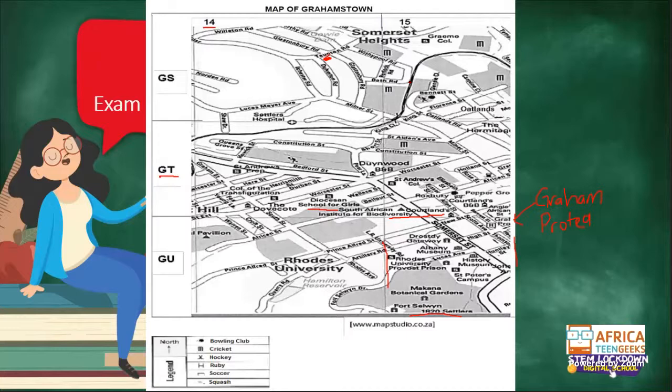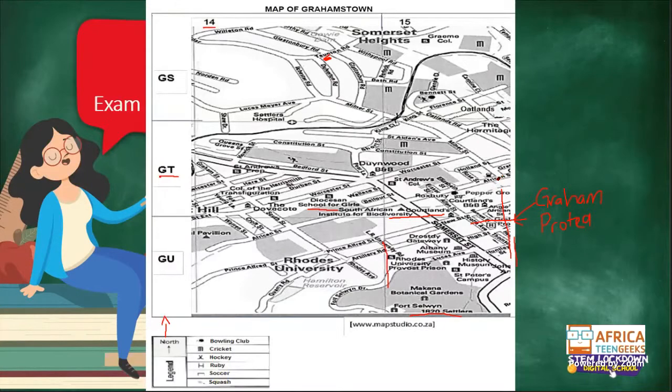Okay, so what you do, always start by drawing a compass on top of where you're starting. So in this case, my compass will be on top of Graham Protea, and obviously up in this case is north.